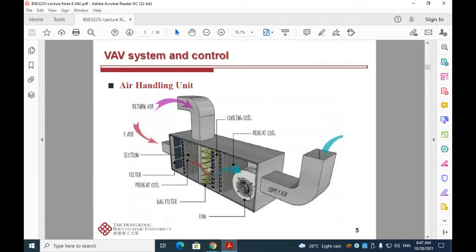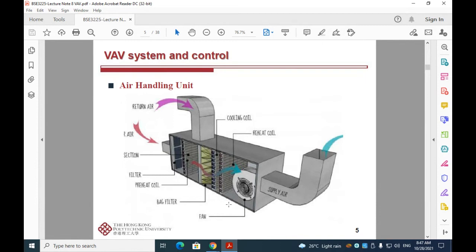After that, we get clean air, and then it will go through a cooling coil and a reheat coil. By controlling the cooling coil and the reheat coil, we can condition the air to a suitable state. And then after the fan induced power, the conditioned air will be supplied to the room.